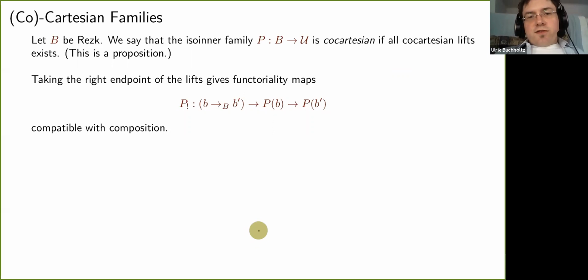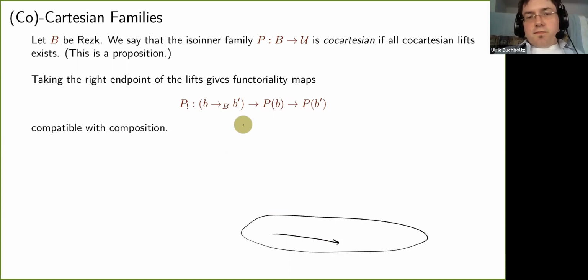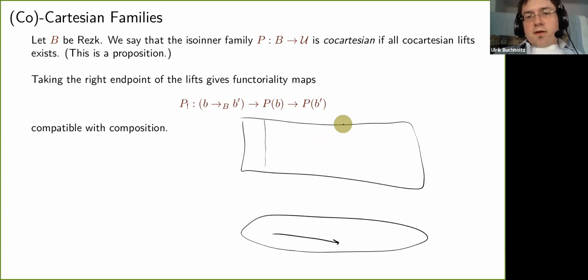If you have an arrow in the base, and you want to have a functorial map, then you take an endpoint, you want to have a map over to this fiber. Well, you take the co-Cartesian lift and take its endpoint, and that implements the functorial action.